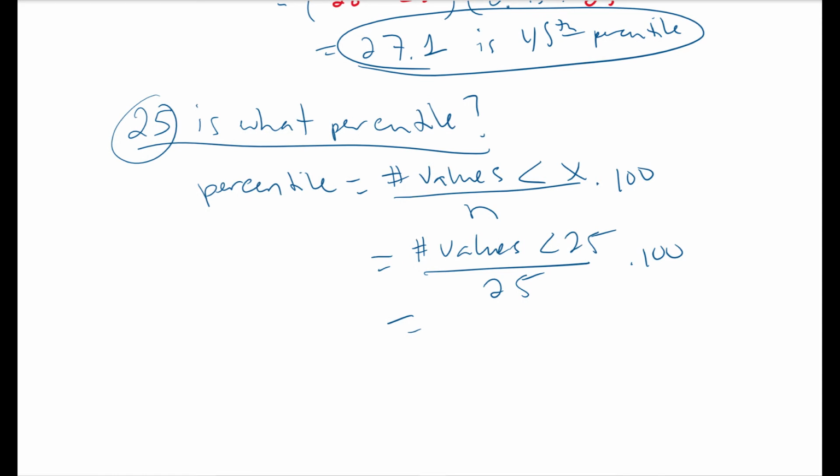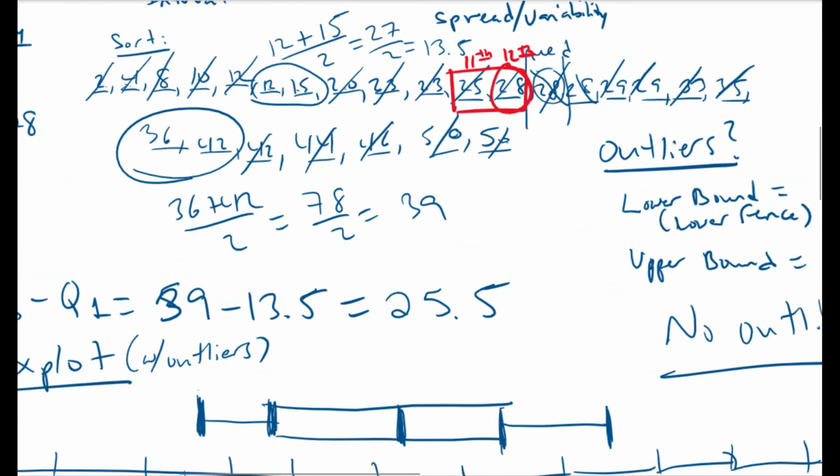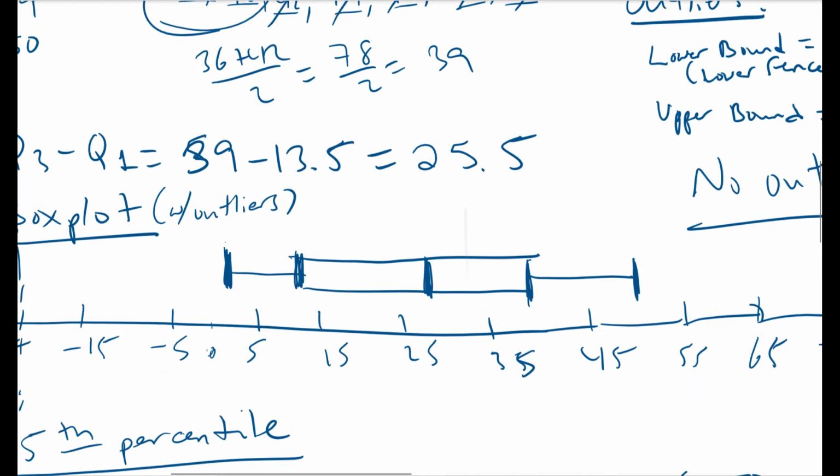So how many values are less than 25? Let's look at our list here. The number of values less than 25 would be all of these guys, right? So 1, 2, 3, 4, 5, 6, 7, 8, 9, 10. So it looks like 10 numbers less than 25.